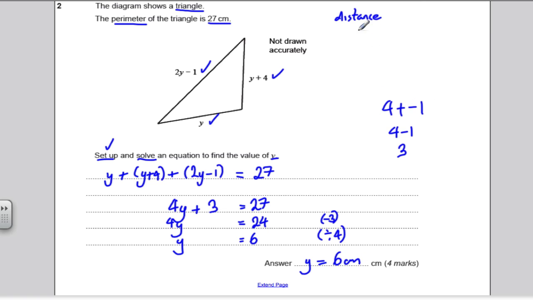At that point, I would like you to check your working. Let's just go back and see if that y equals 6 worked. If that's 6, this would be 10, and this would be 2 times 6, which is 12, take away 1, which is 11. Do these add up to 27? Well, 6 add 10 is 16, add 11 is 27. So I know I've checked I've got the right answer.